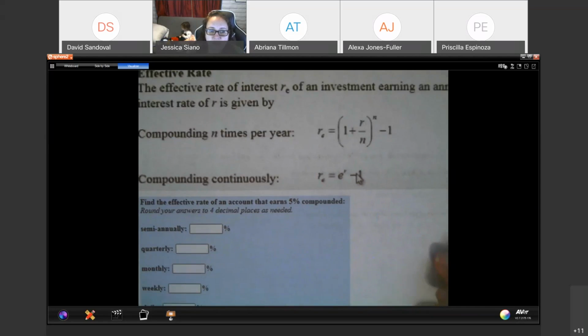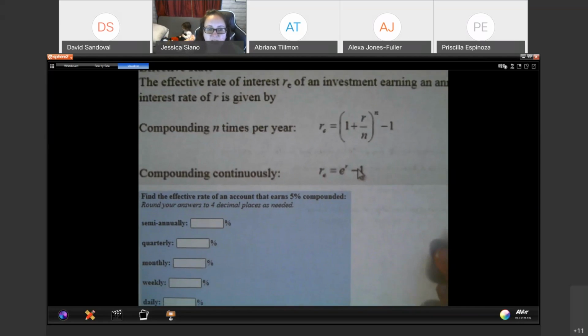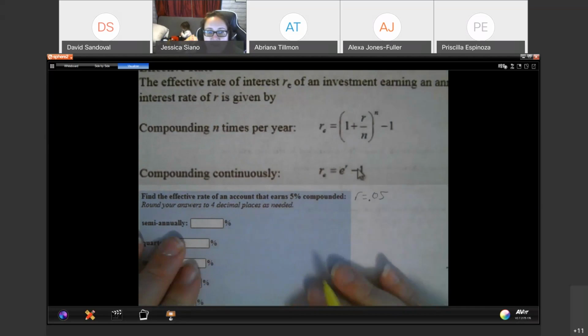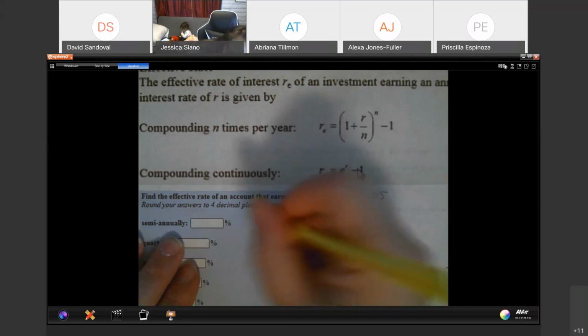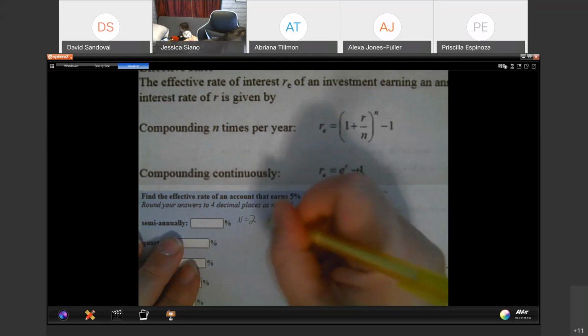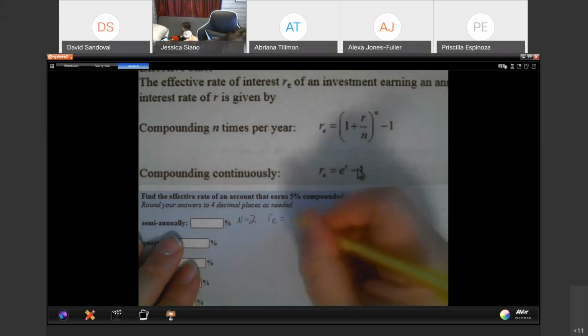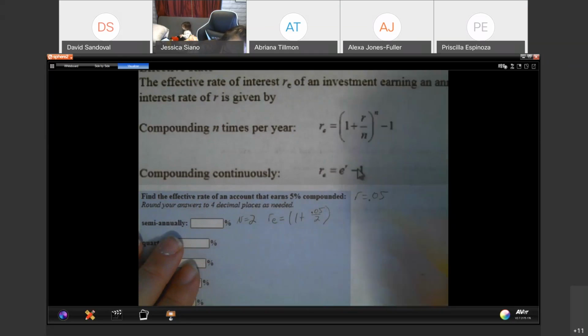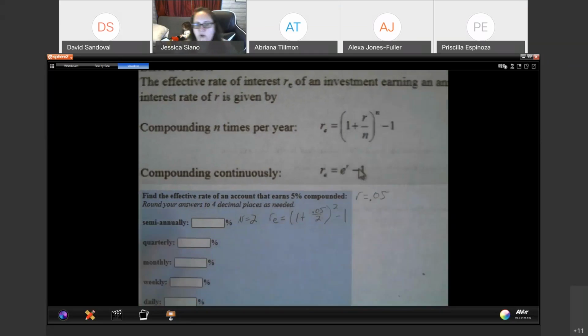Okay, so find the effective rate of an account that earns 5%. So for all of these, we're going to say r is 0.05. Semi-annually means that n is 2. So then my effective rate would be 1 plus 0.05 over 2 to the 2 minus 1.